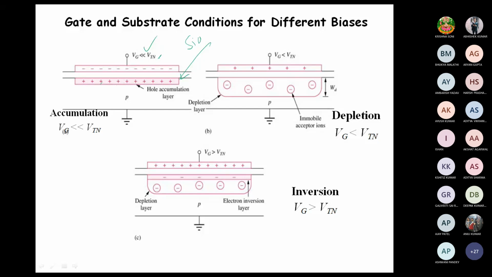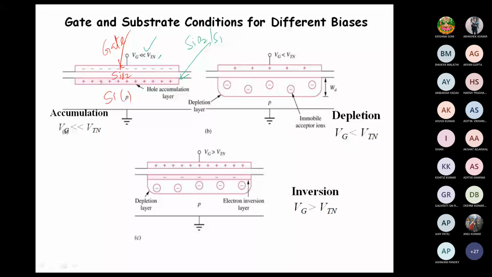This is the silicon dioxide white region, this is the gate region, and this is the p-type silicon.